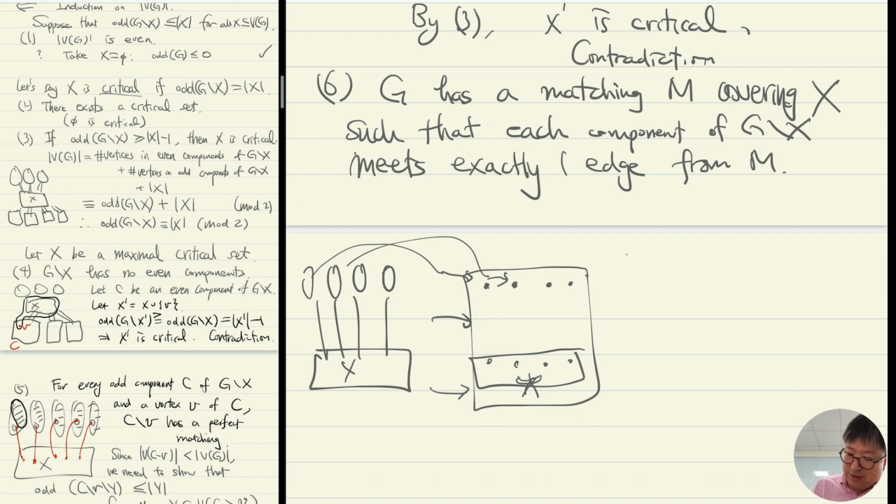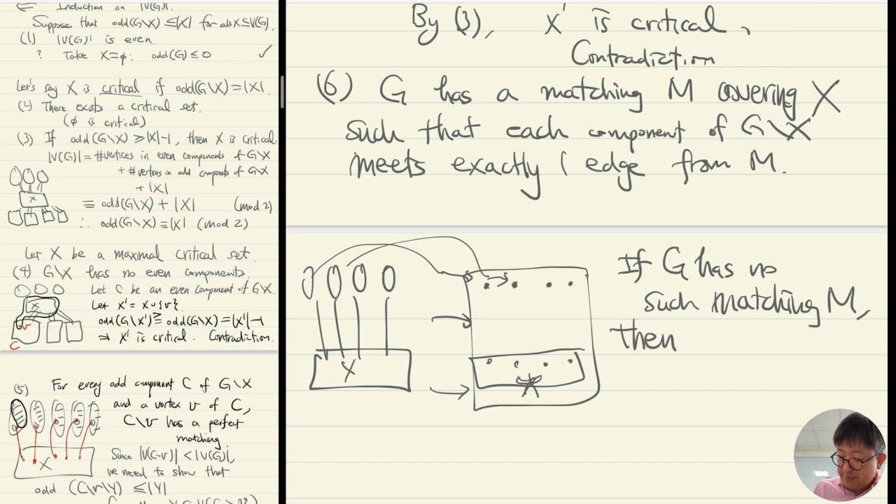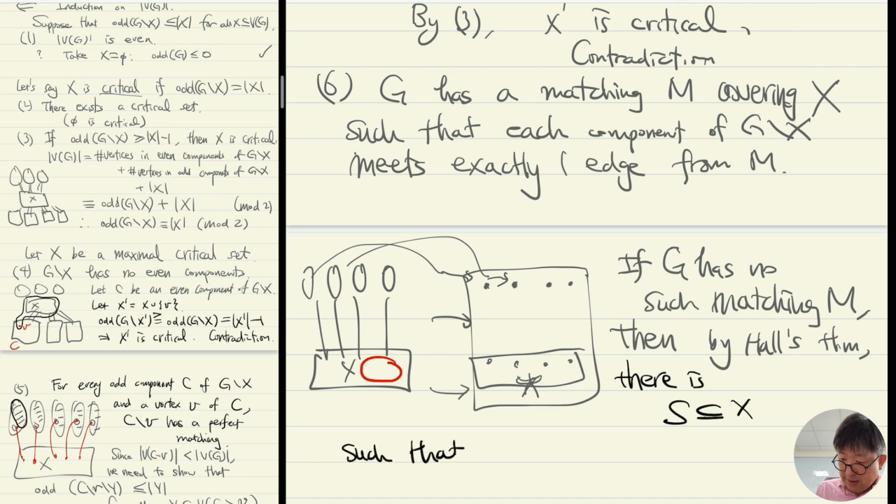If G has no such matching, then by Hall's theorem there will be a subset S of X such that the number of neighbors of S is too small.